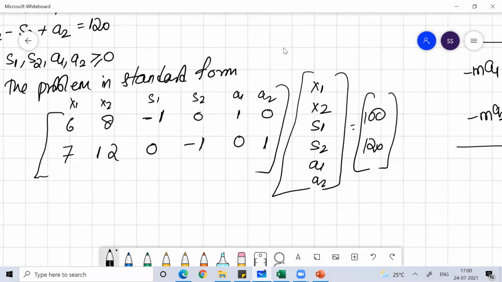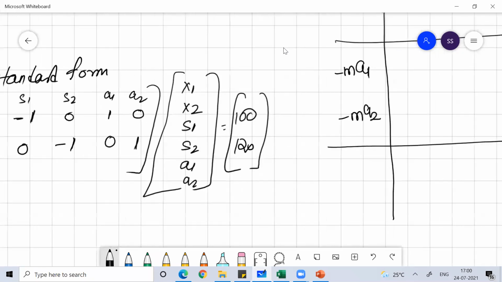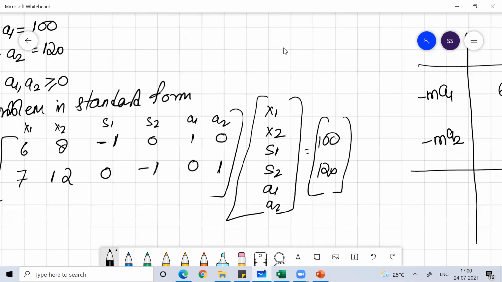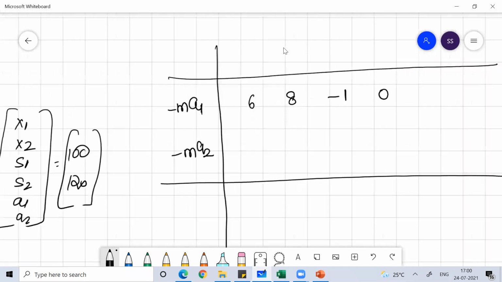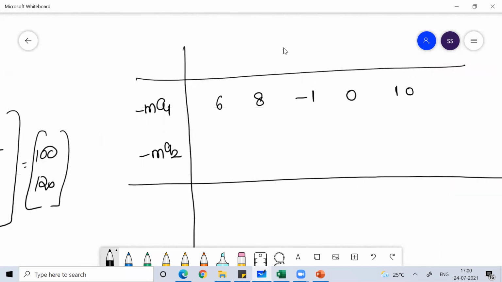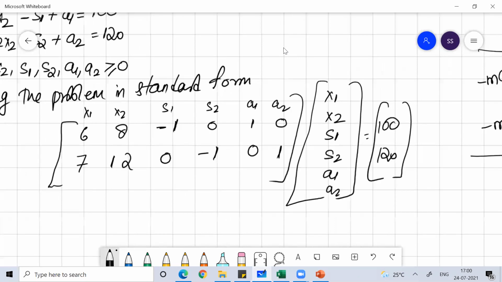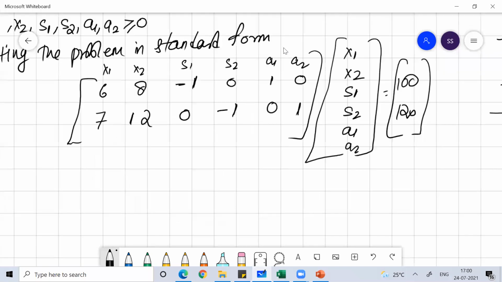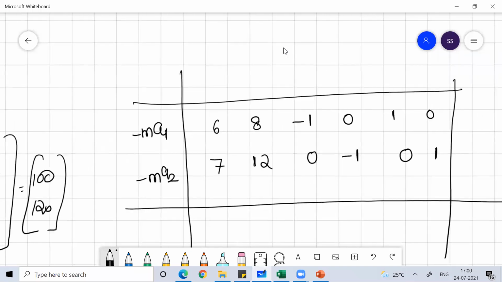I'll write their values as 6, 8, minus 1, 0, 1, 0 and 7, 12, 0, minus 1, 0, 1.